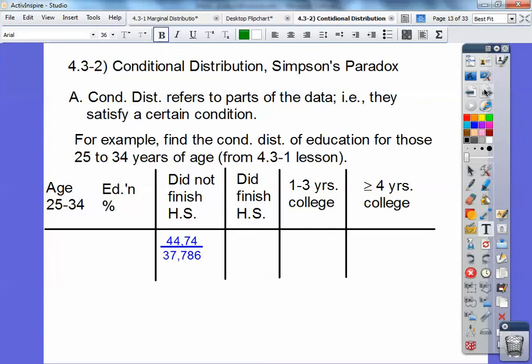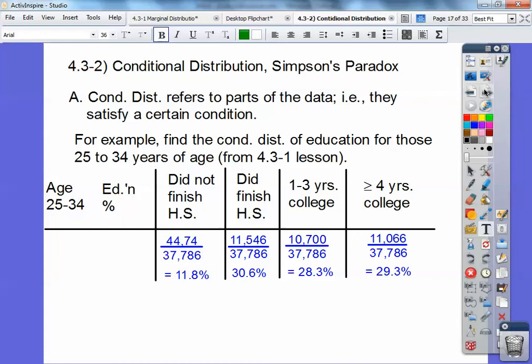Can you see where we got those numbers on the chart from yesterday? Of course, divide and get a percentage, and later we're going to be making bar graphs of this information. So this is just the 25 to 34 category, and 1 to 3 years of college: partial divided by total, and we get that right there. That's the conditional distribution of education levels for 25 to 34 years of age.